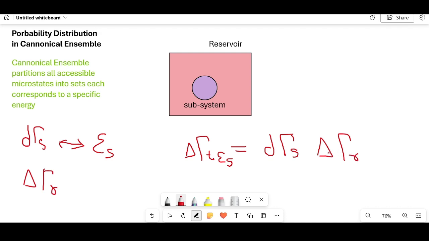We have multiplied both because for each state of the subsystem there are all possible states of the reservoir.